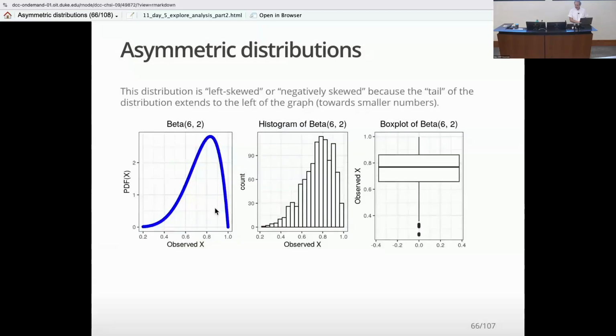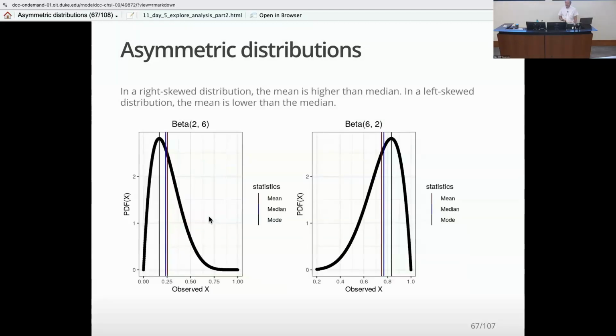Here's another negatively skewed distribution. And just to show you 2 different distributions, a right skewed and a left skewed one. The red is the mean, the blue here is the median, and then this is the mode. Mode is the most common value.